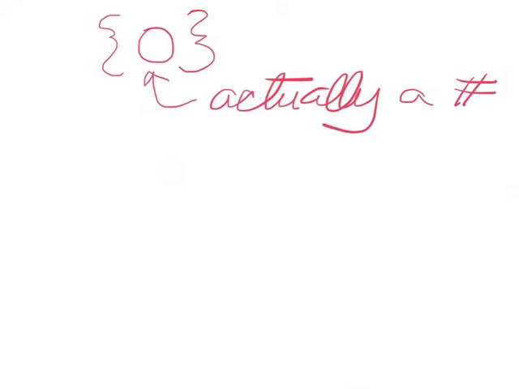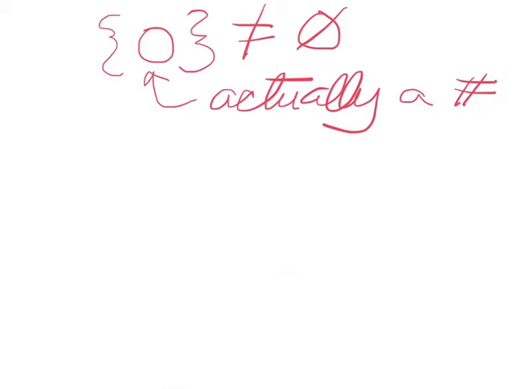So this is actually a set that contains one element. Therefore, it's not the empty set. Okay? So those are kinds of things you have to remember about the empty set, so you don't get fooled along the way.